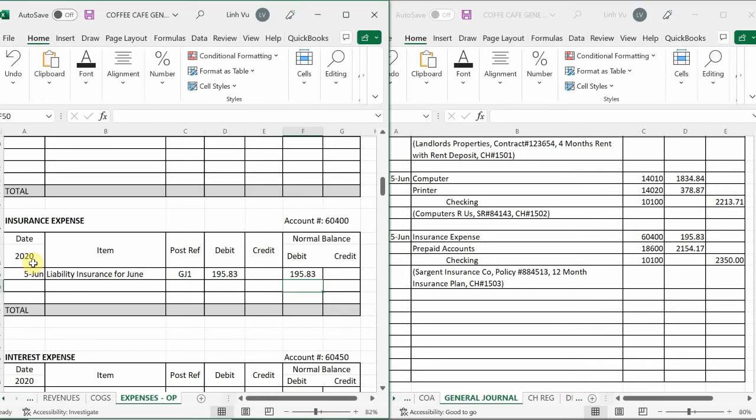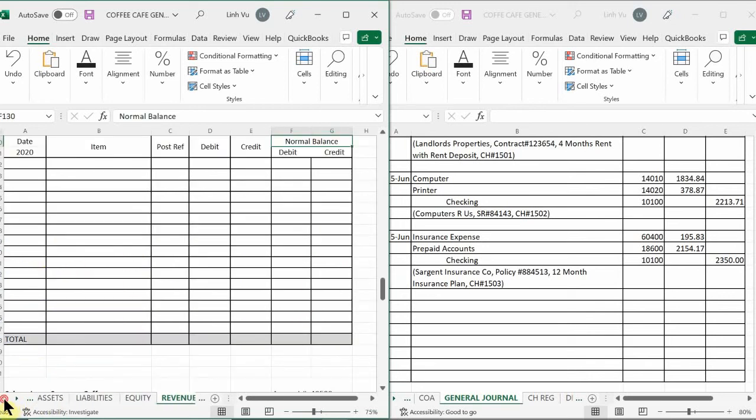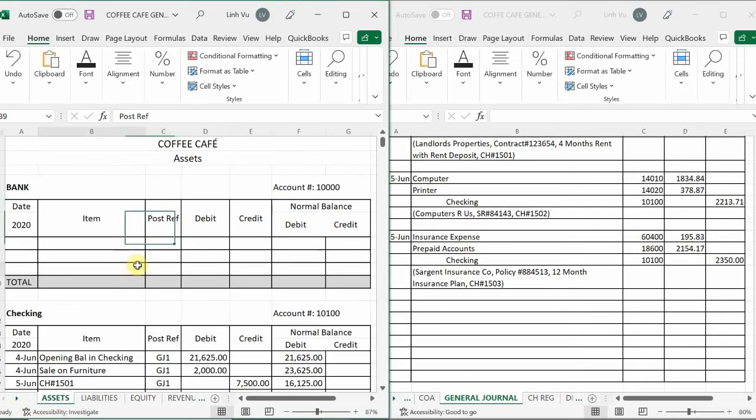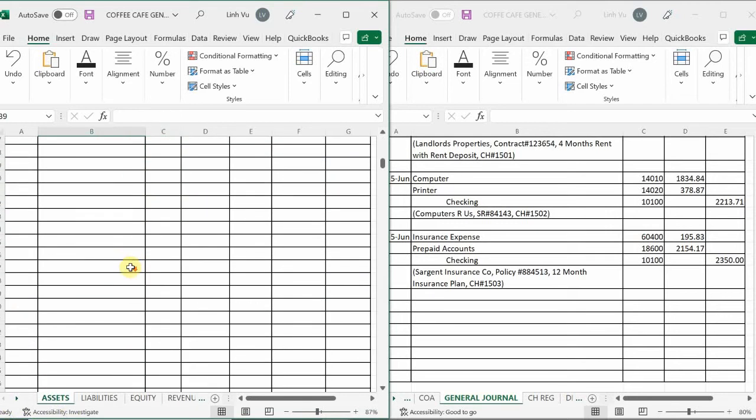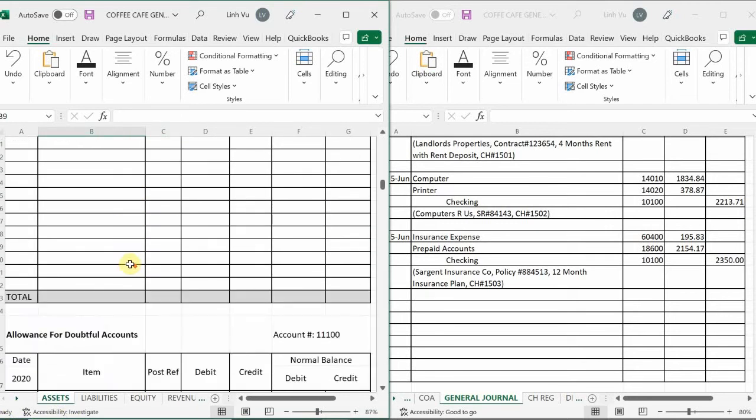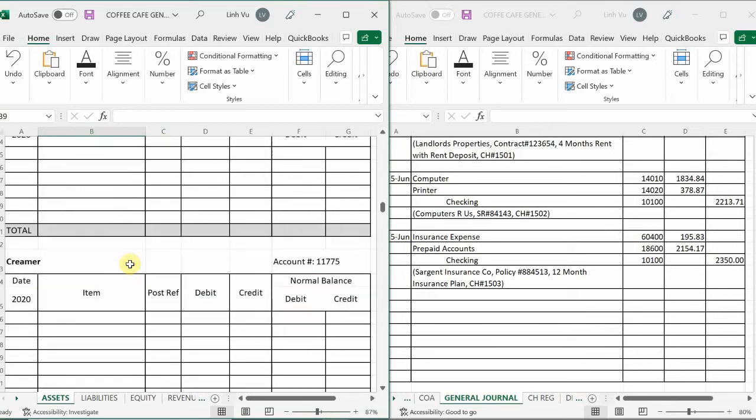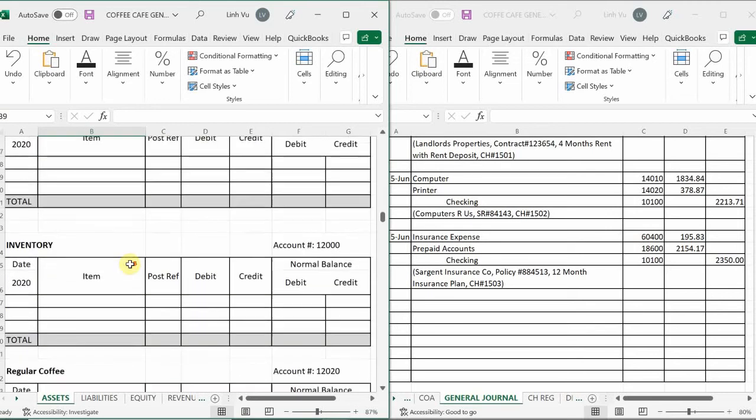We also did a prepaid insurance, which is an asset because we own the insurance policy for the next 11 months, because we already made a payment to it already.